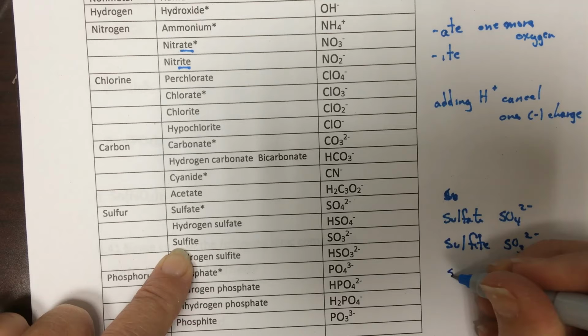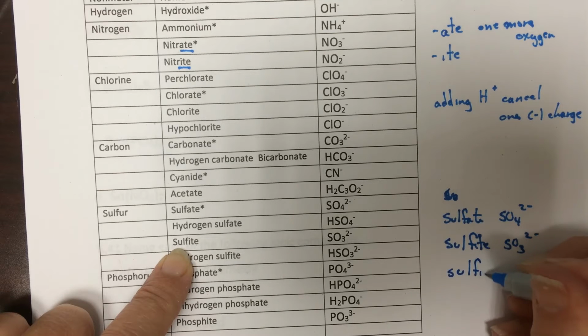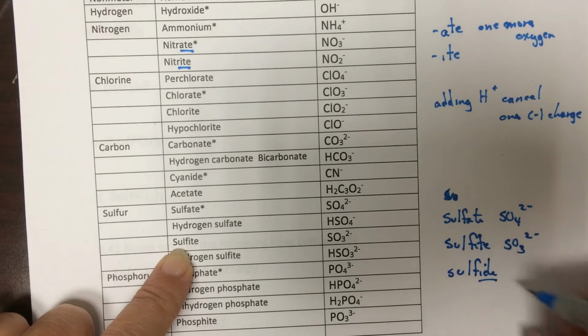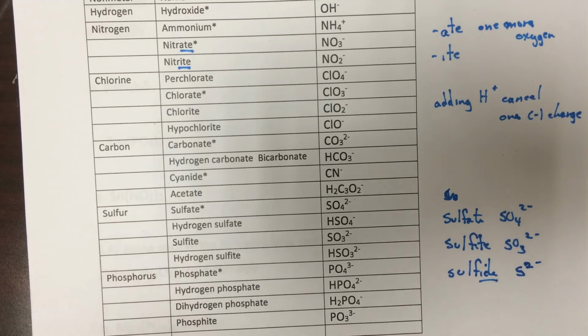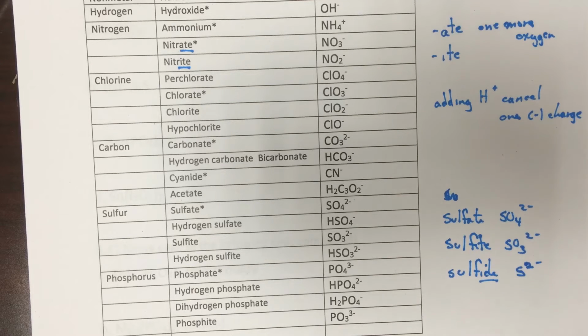And then we also have sulfide. Remember that -ide, and that's just a plain old sulfur with no oxygen, the -2 charge. So you want to make sure you keep your sulfate, your sulfite, and your sulfide separate. And you'll have the same problem with the nitrate, the nitrite, and the nitride. And phosphorus is the same thing.